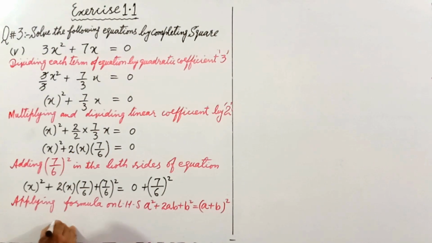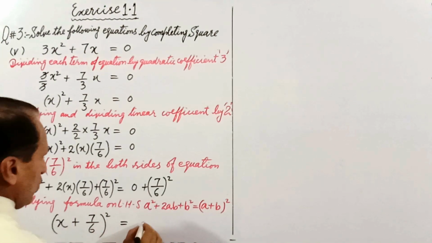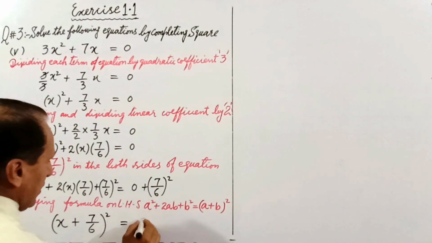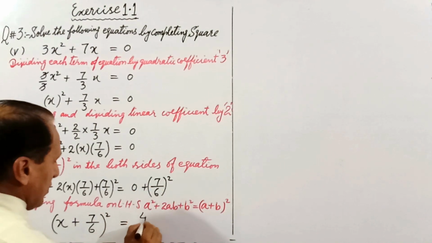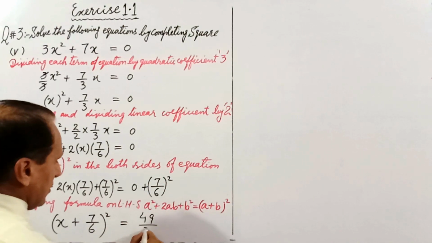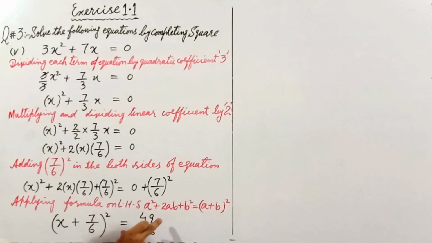According to this formula we have x plus 7 over 6 whole square is equal to, by the additive identity 0 is removed, and the square of 7 is 49 and square of 6 is 36. As we have a single fraction on the right hand side, so by taking square root of both sides we get values of x.